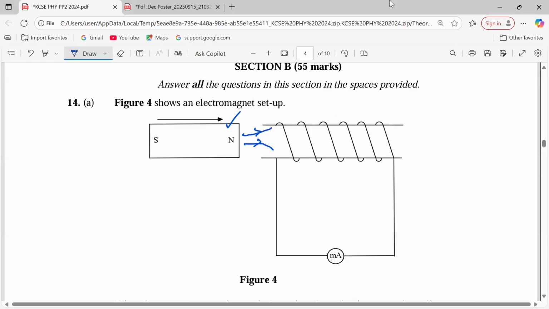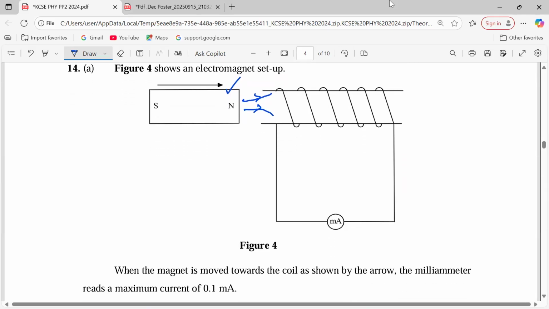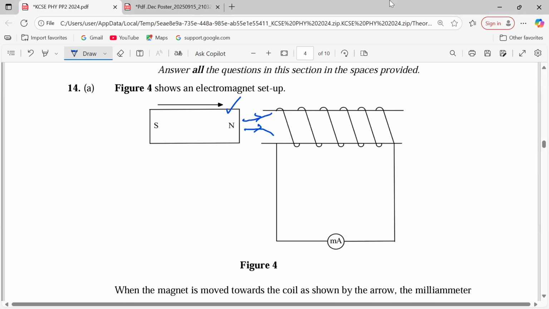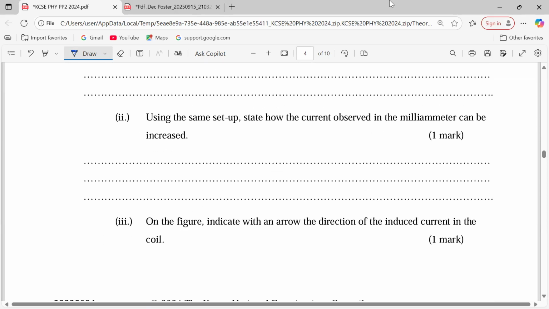But now that we are supposed to use this setup without changing the apparatus, then we can talk about using a higher speed, or moving in the magnet at a faster rate. That way, you will not have changed the setup.